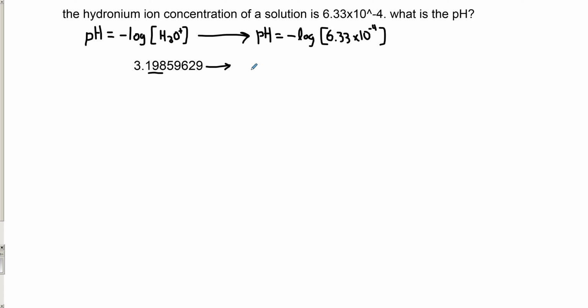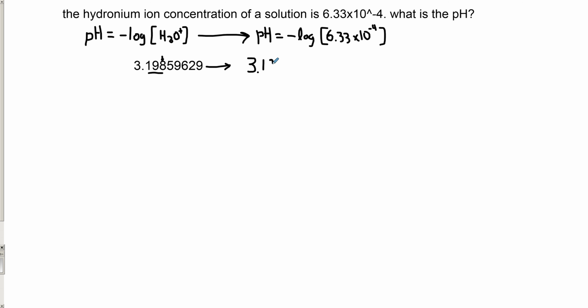Now I look at the decimal places here, 198. I have to check to see if I round that up or down. So I look to the next number, and that is a 5. That means that I must round this 8 up to 9. So the pH of this solution is 3.199.